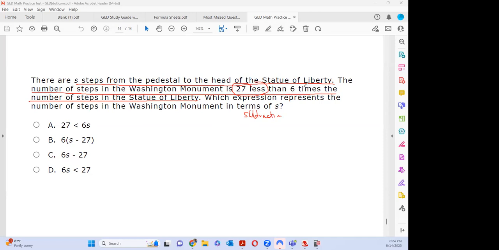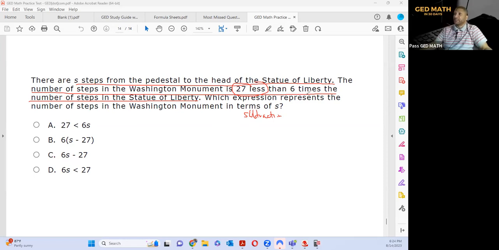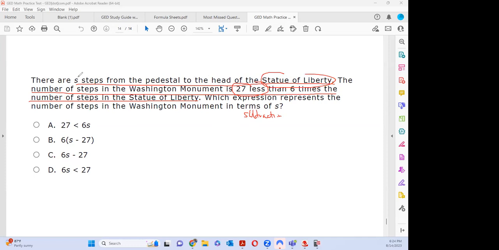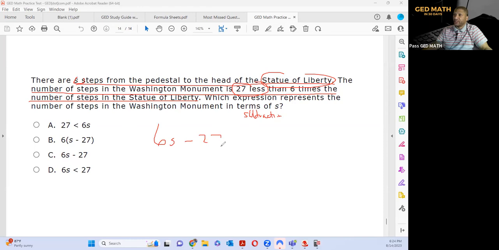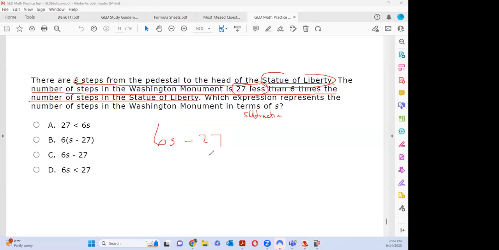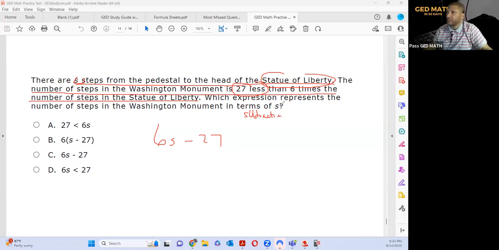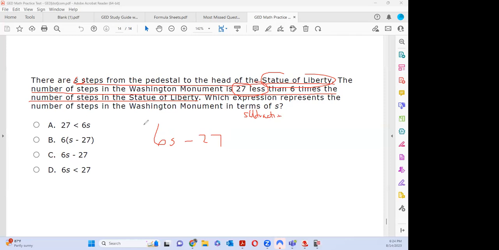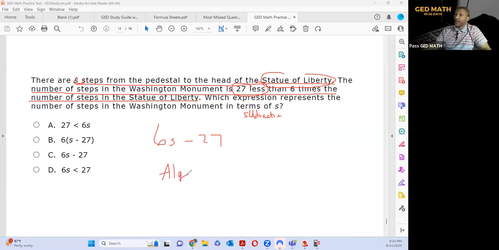That's multiplication. Statue of Liberty was S. 6S minus 27, right? That is the expression that represents the number of steps in the Washington Monument. 6S minus 27. This is considered an algebraic expression.